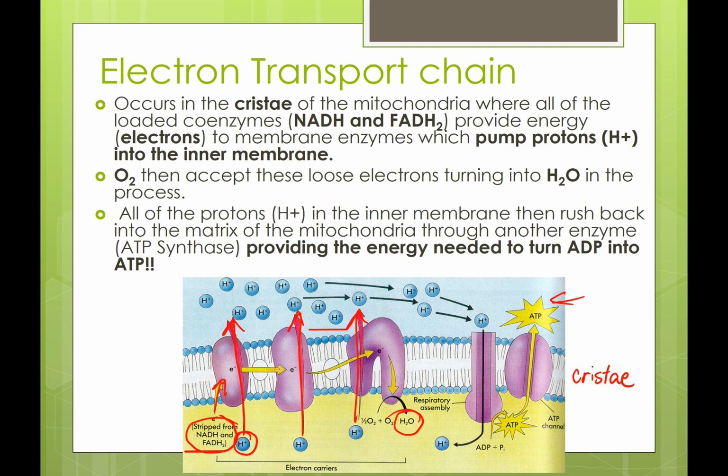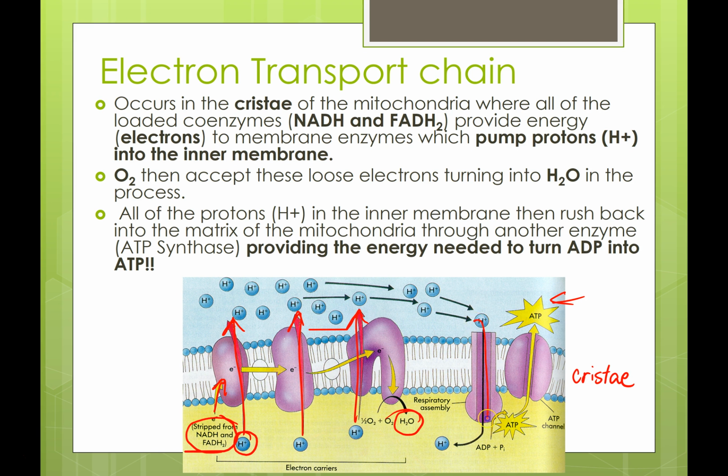All of the protons that are in that inner membrane up here are now really highly concentrated, so they're going to come rushing back through another membrane-bound enzyme called ATP synthase.